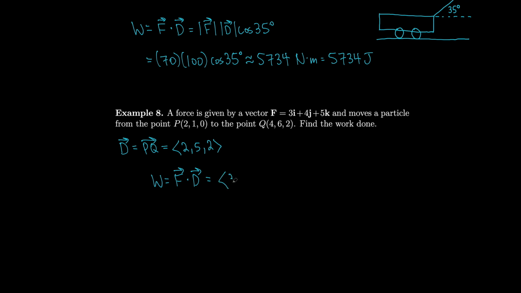So we'll take 3, 4, 5, and we will dot that with 2, 5, 2, and that just equals 6 plus 20 plus 10, which is 36. And then if the length happened to be in meters and the magnitude of force happened to be in newtons, our work would be in Newton meters, which is just joules.